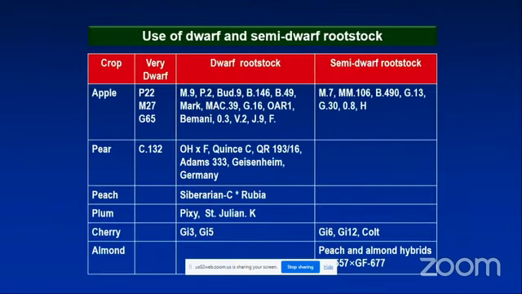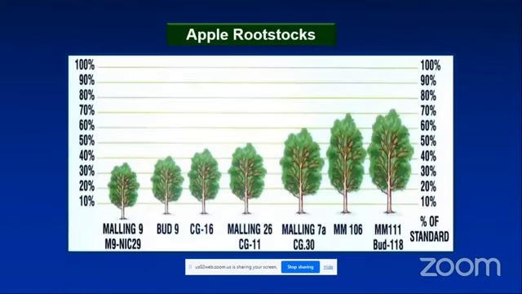Then in the case of apple, we have dwarf rootstocks, semi-dwarf rootstocks, and for high density, medium or low density planting we are using different rootstocks. One should be very clear about the rootstock selection because rootstock determines the tree canopy and its structure.